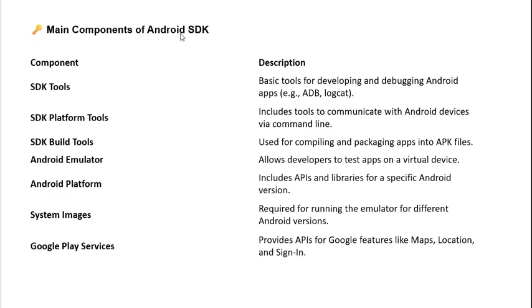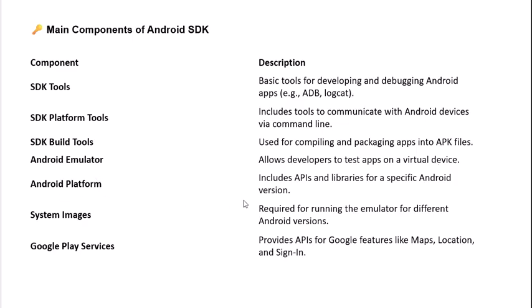Main components of SDK. SDK tools are the basic tools for developing and debugging Android apps. ADB, logcat, and SDK platform tools include the tools to communicate with Android devices via the command line. SDK build tools are used for compiling and packaging the apps into APK files, and the Android emulator allows the developer to test apps on virtual devices.